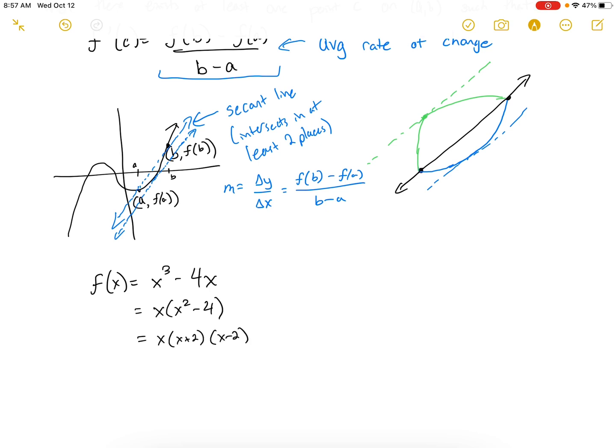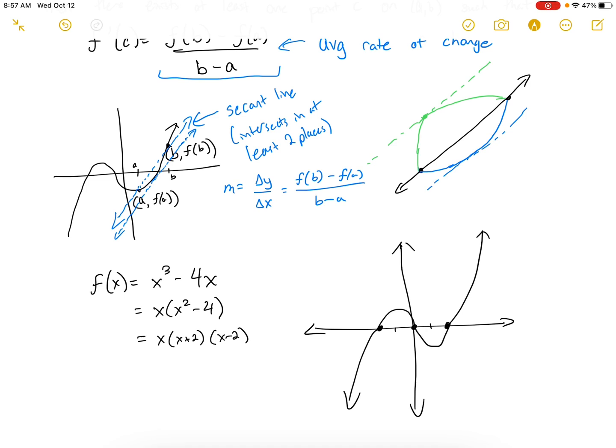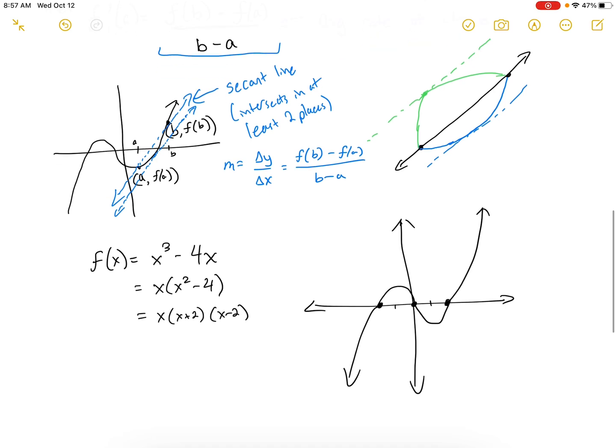So this thing has 3 zeros. You can picture me doing my little silly dance with my arms to illustrate that this thing goes up to the right and down to the left. So this thing looks something like this. It goes up to the right, it goes down to the left, and in the middle it sort of does this.